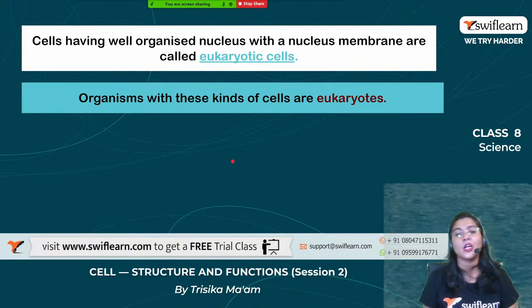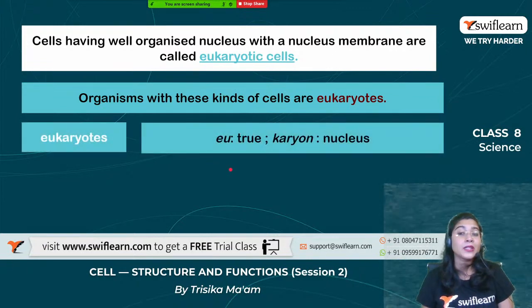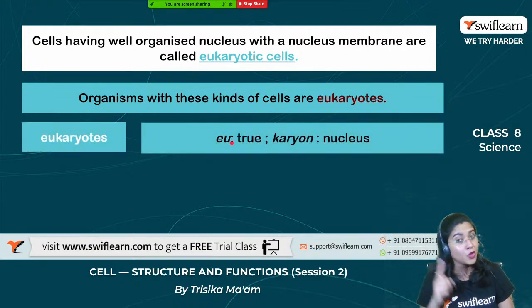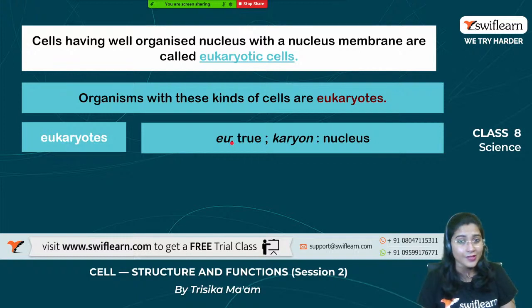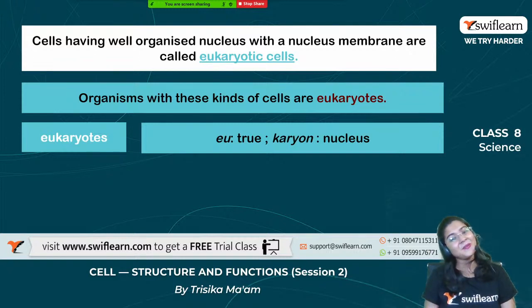Clear? So from this word eukaryotes, what does it mean? Eu means true, karyon means nucleus, right? So when a true nucleus is present within the cell, those cells are known as the eukaryotic cell. Clear up to this much?